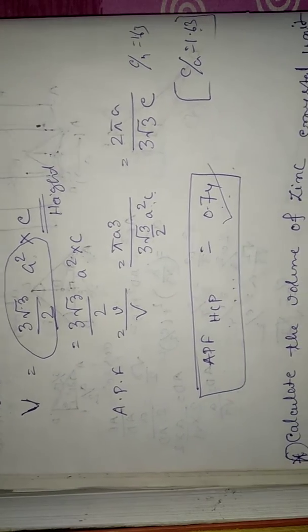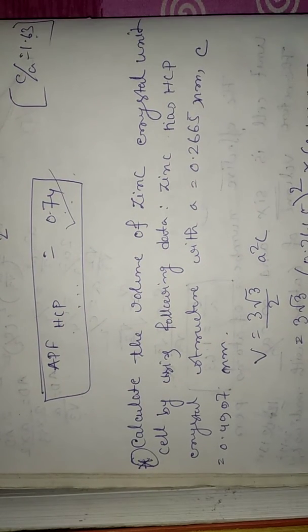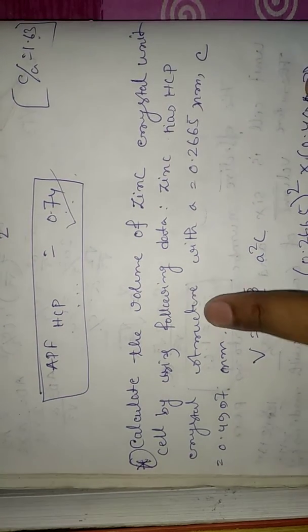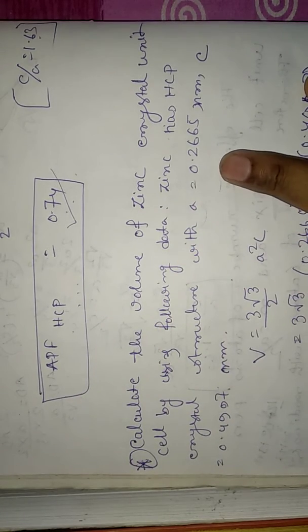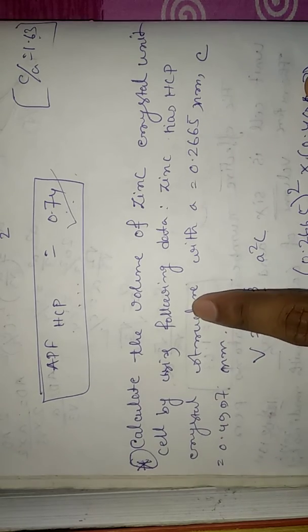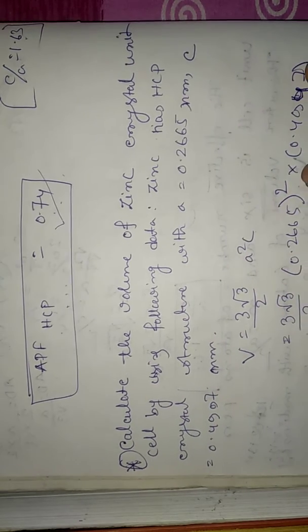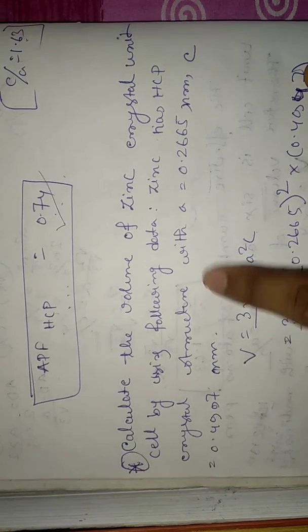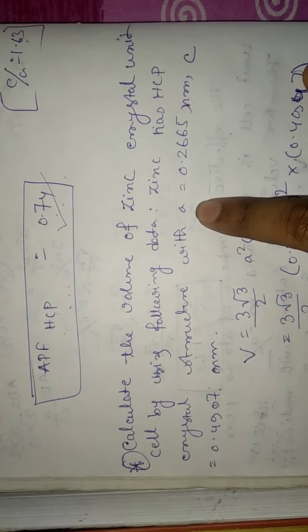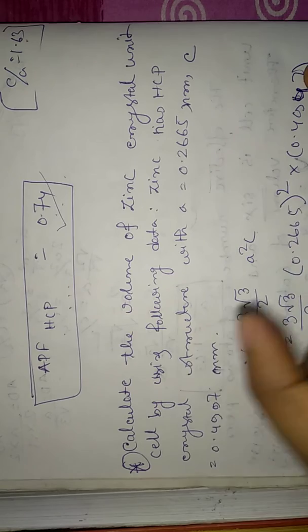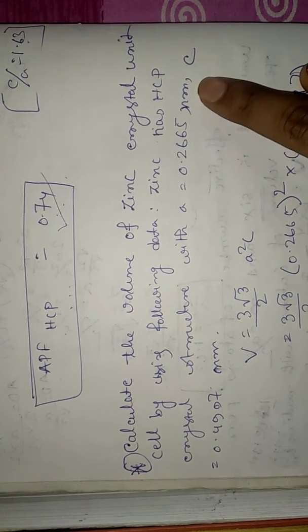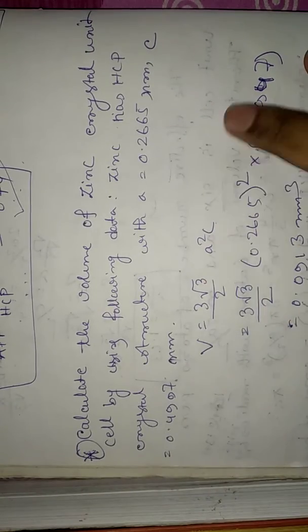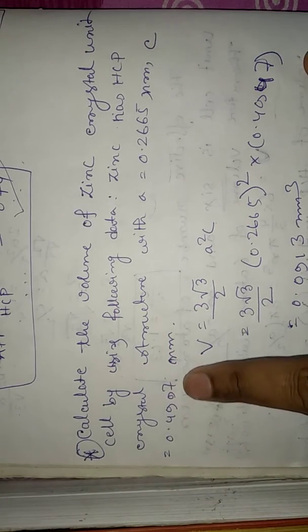Now let us take an example on a numerical. Calculate the volume of a zinc crystal unit cell by using the following data. Zinc has an HCP crystal structure, with A, the distance between two atoms, given as 0.2665 nanometer, and C equal to 0.4997 nanometer.